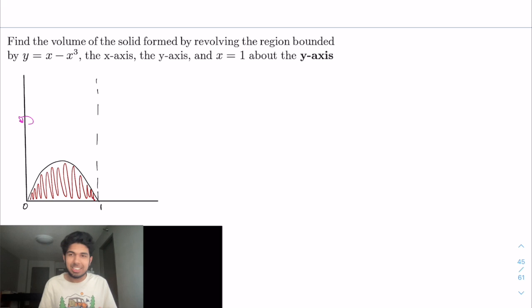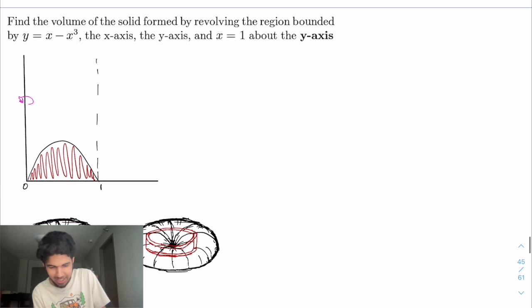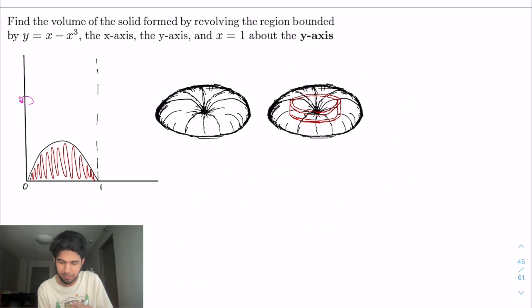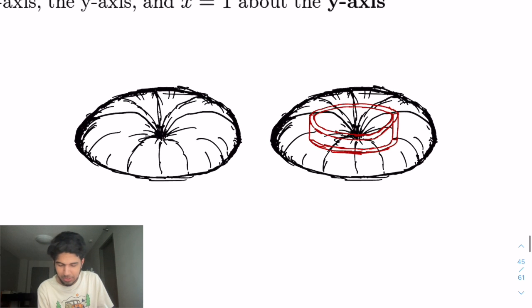Okay, so what does this look like when it's actually revolved? I drew some sketches and hopefully they're good enough, so let's reveal them now. This is sort of what it looks like when it's revolved around the y-axis. You can think of it as a couple of things. It's like a donut, but its hole doesn't go through, it stops.